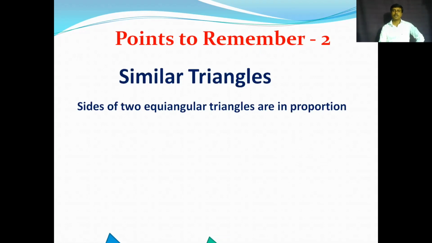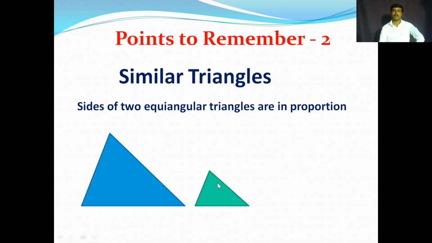Example, here you see, if I consider the two triangles, a baby triangle and a mother triangle, and I give the names to these two triangles as ABC and PQR, then if angle A is equal to angle P, angle B equals angle Q, and angle C equals angle R, using the previous theorem, I can say that the corresponding sides are in proportion.